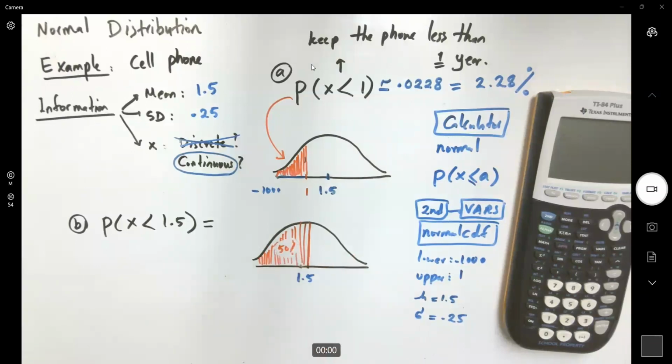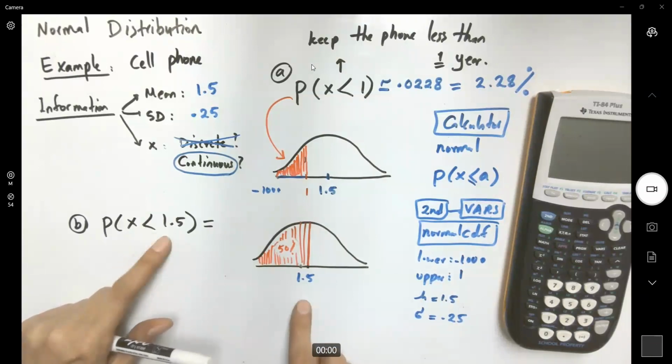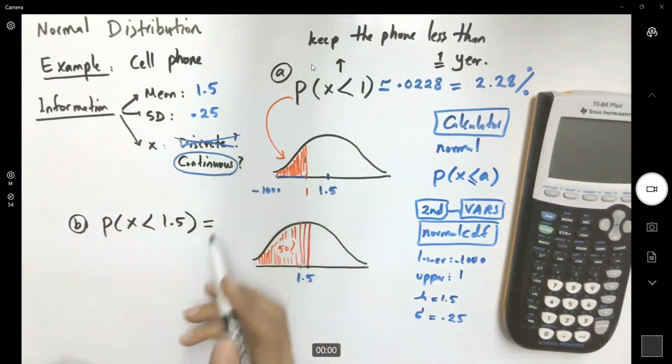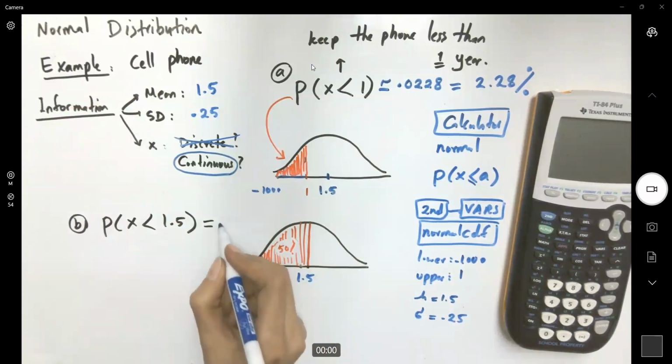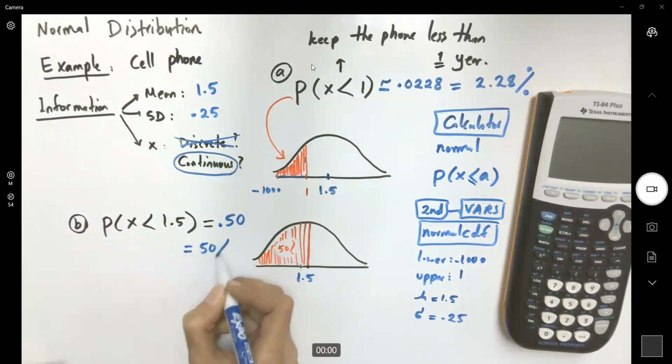So for the probability, we don't even have to use the calculator. By looking at the graph, since it says less than 1.5 years, 1.5 is our mean. The mean divides the normal distribution in half. So it's going to be just 50%.